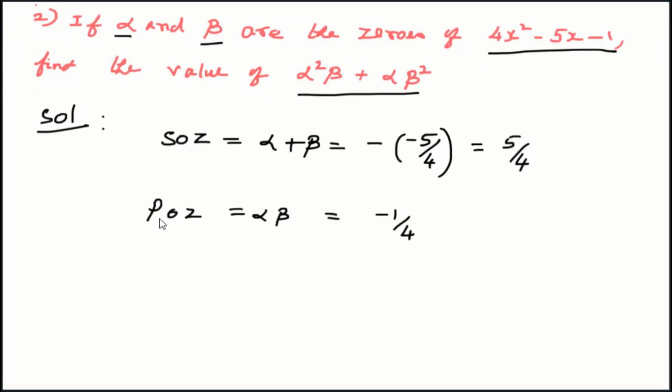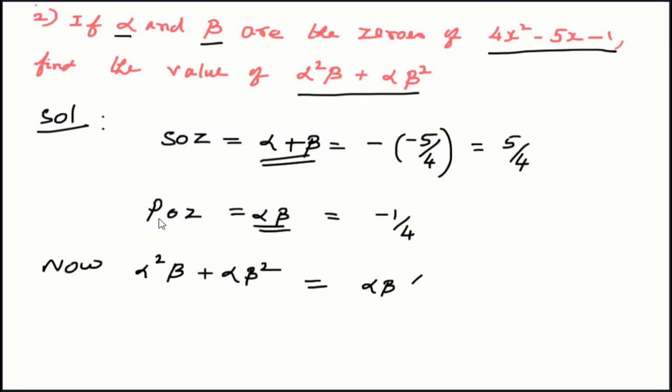Now let us try to find the value of this: alpha square beta plus alpha beta square. Since I know only alpha plus beta and alpha beta, I should express this in terms of only these two terms. So I am taking alpha beta commonly out.